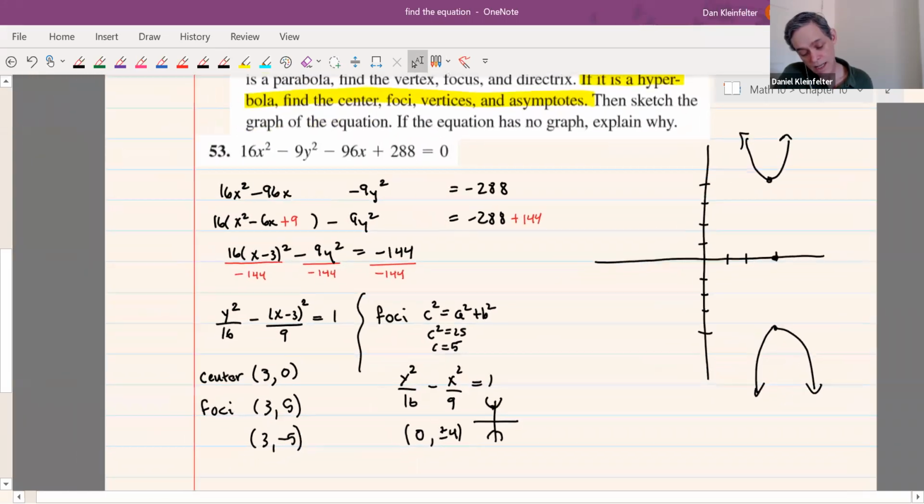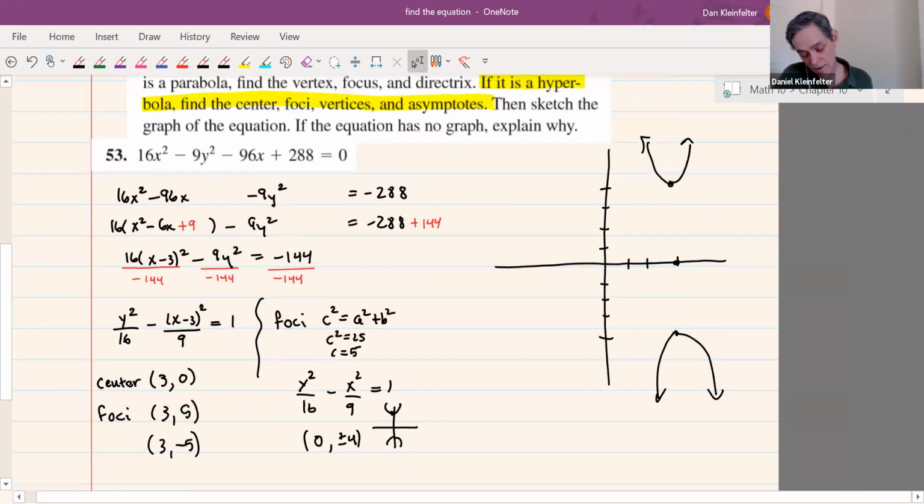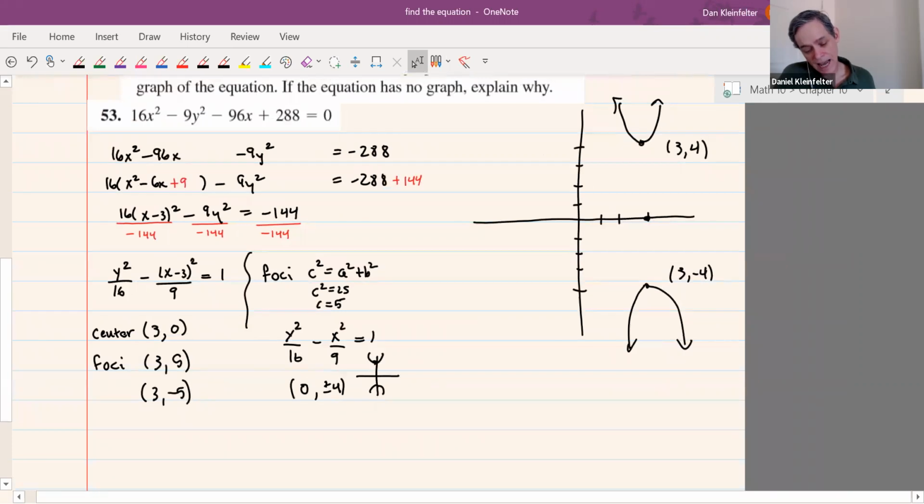And then the vertices were at (3, 4) and (3, -4). Almost there. Last thing to do would be to get the asymptotes.